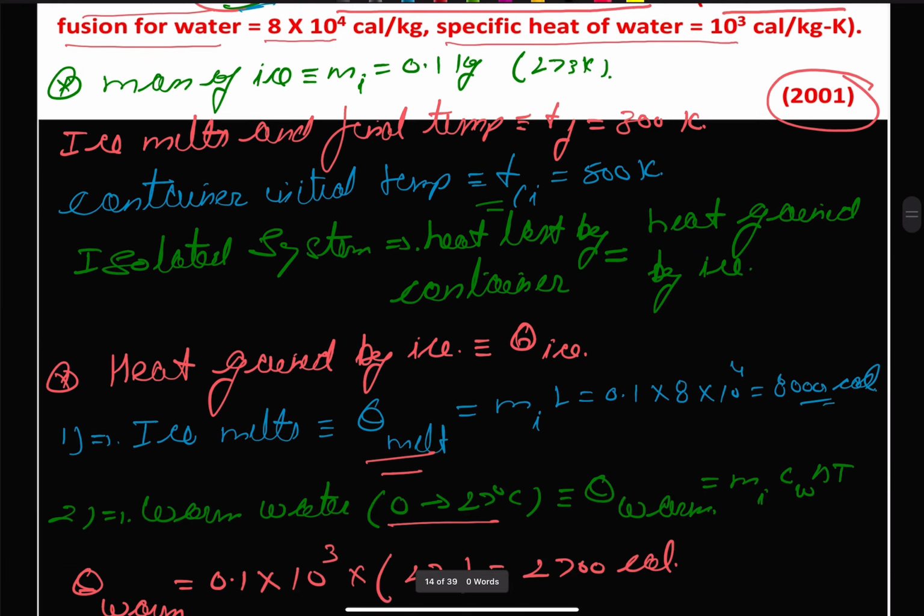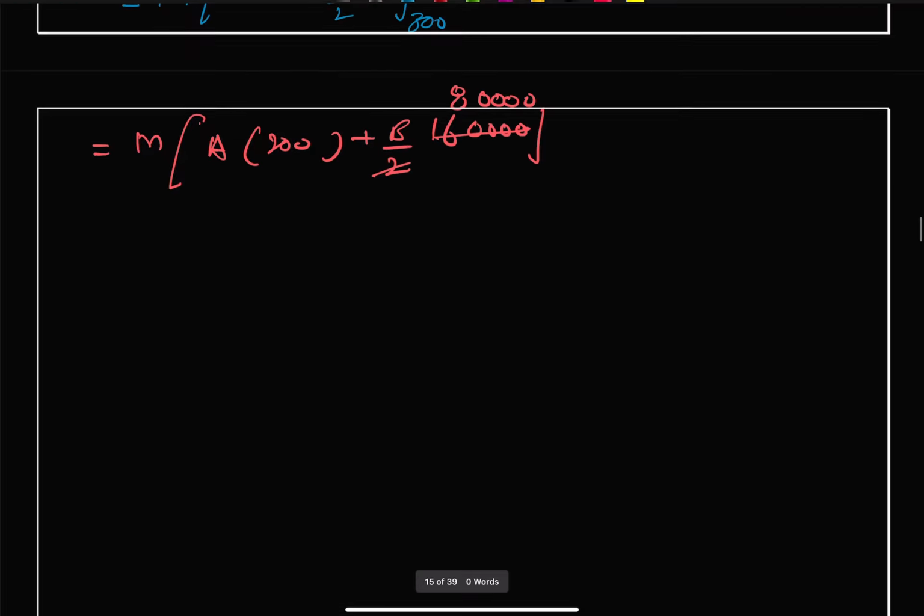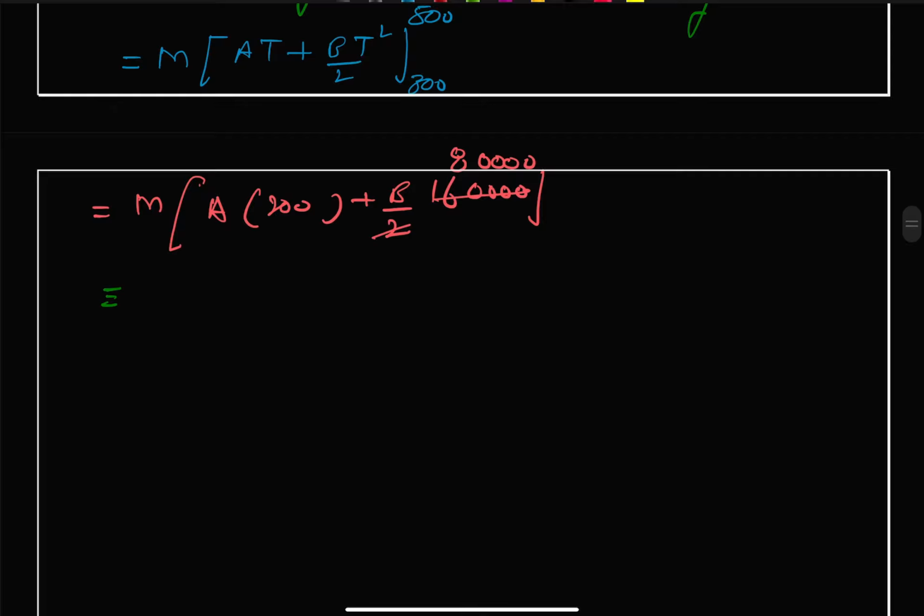Okay, A and B are also given to us. So we can write this as M, and A is given to us as 100.